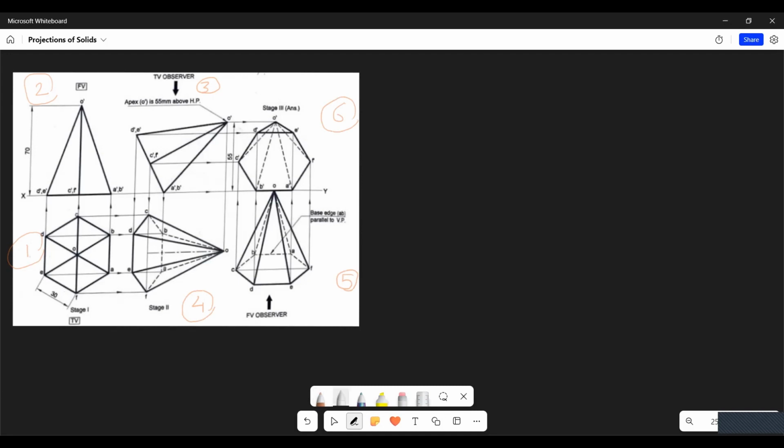Now, in figure number 1, we see a hexagon, and in figure number 2, we see a triangle. So we can start the question in this way: a hexagonal pyramid.